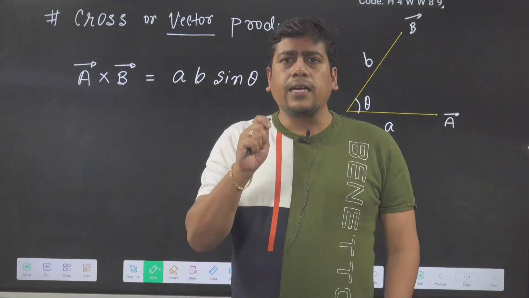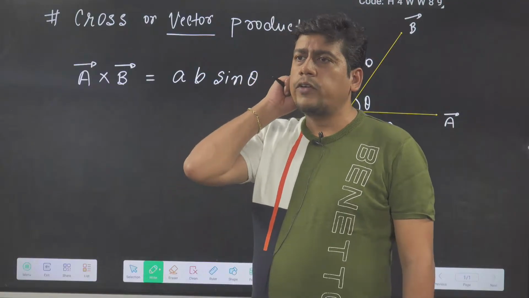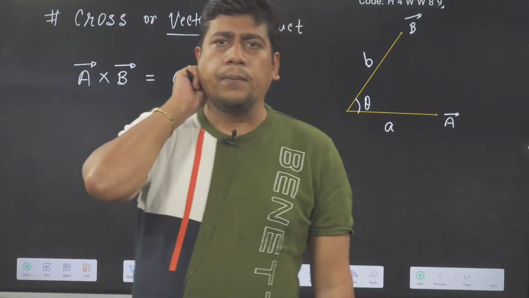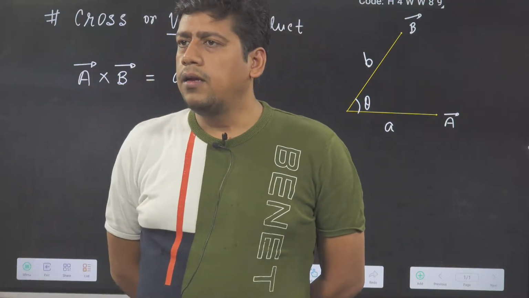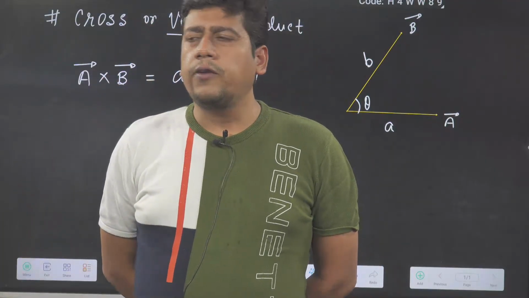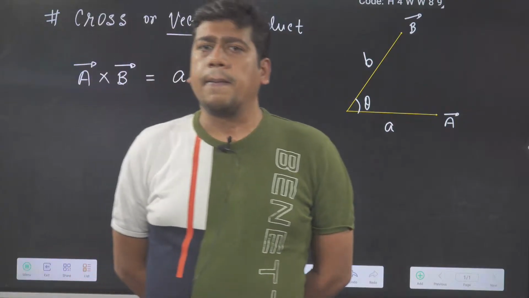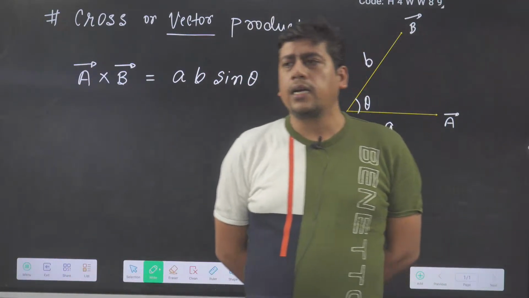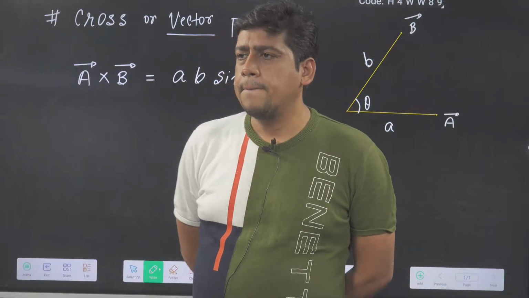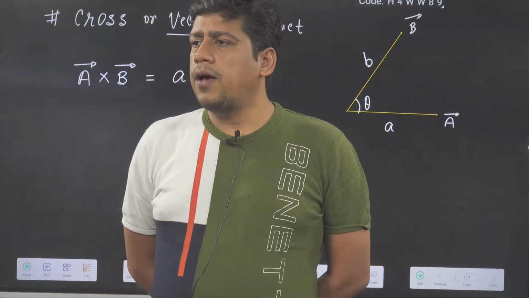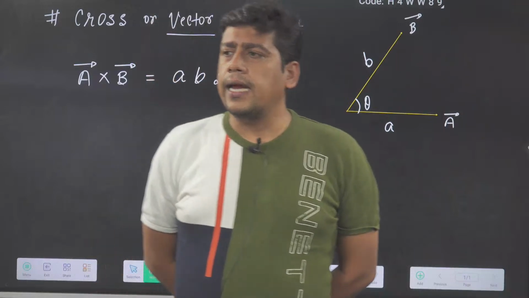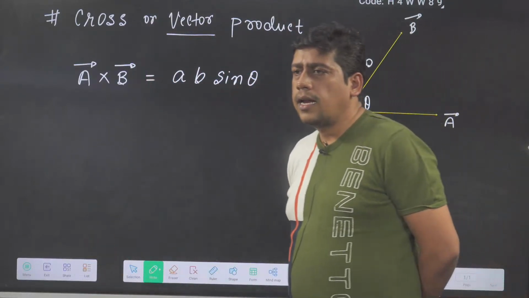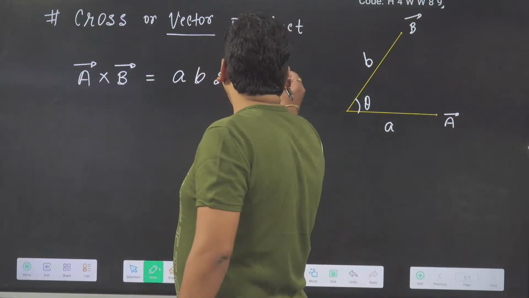So to make it a vector quantity, what should we multiply to the magnitude? Come on, tell me first. Very good, Ramya, that is correct. We should multiply a unit vector.